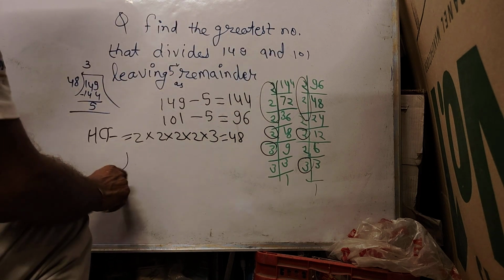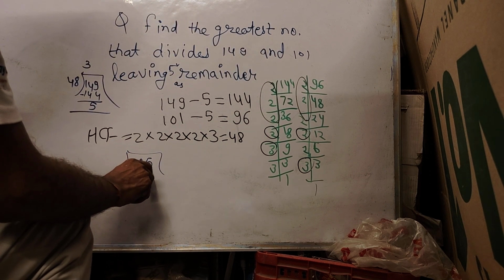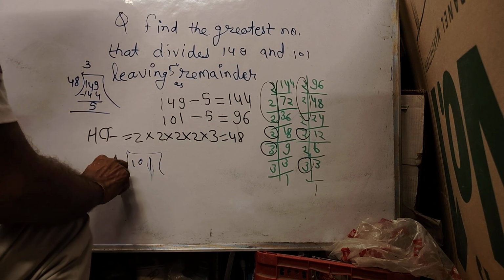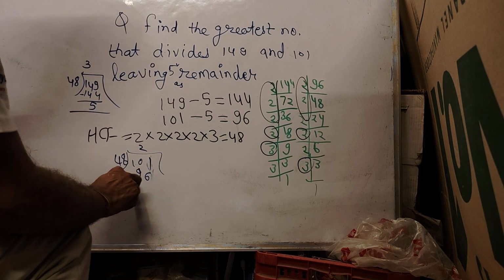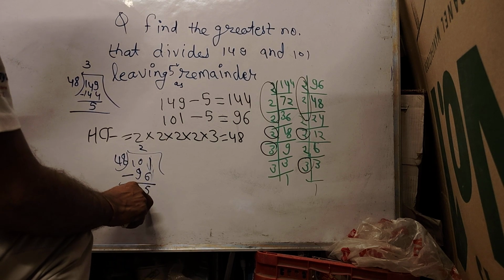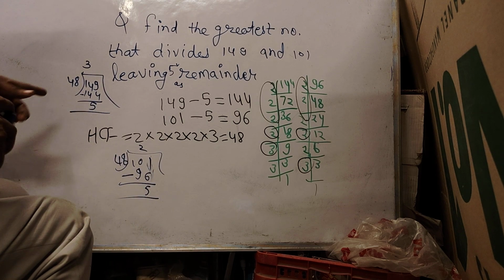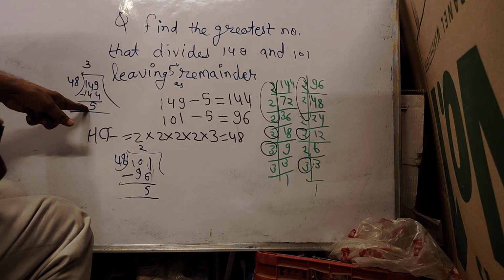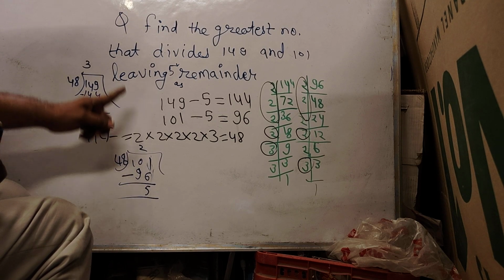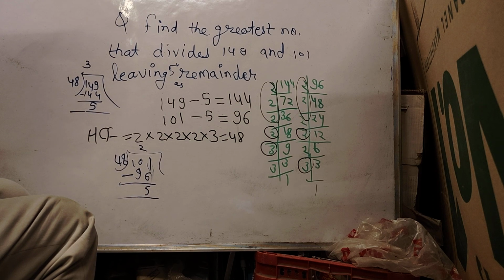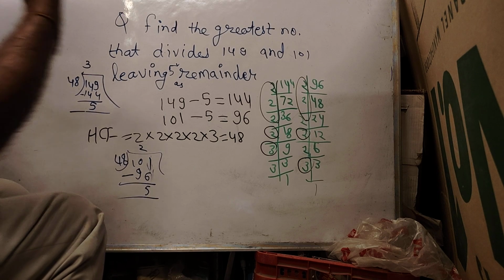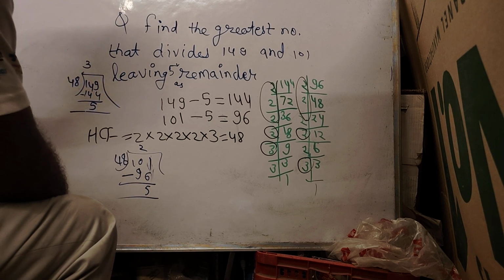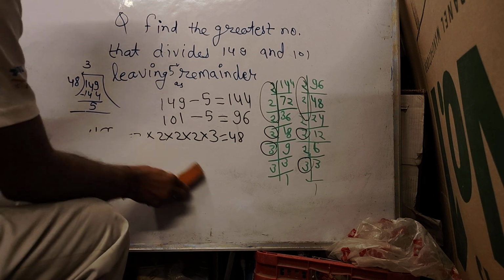Next 101, we divide by 48. 48 times 2 is 96. Subtracting 96 from 101, we get 5. The question is saying after dividing by the greatest number, we have to obtain the remainder 5. So in both cases we are getting remainder 5. The dividing number is 48, so 48 is our right and final answer.